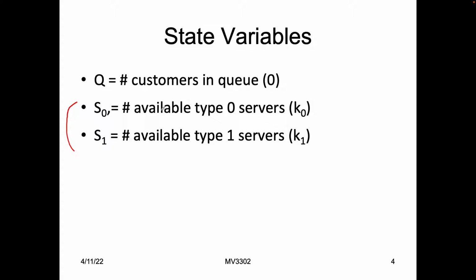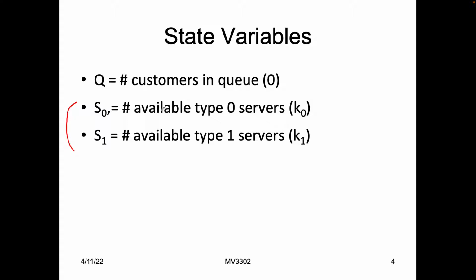And what else could cause this to change? Well, we could end service. I mean, we're calling it end service, but again, you don't have to call it anything. These names are not magical or laws of nature. What causes the number of available servers of type 0 to change is when they complete service on any kind of part.